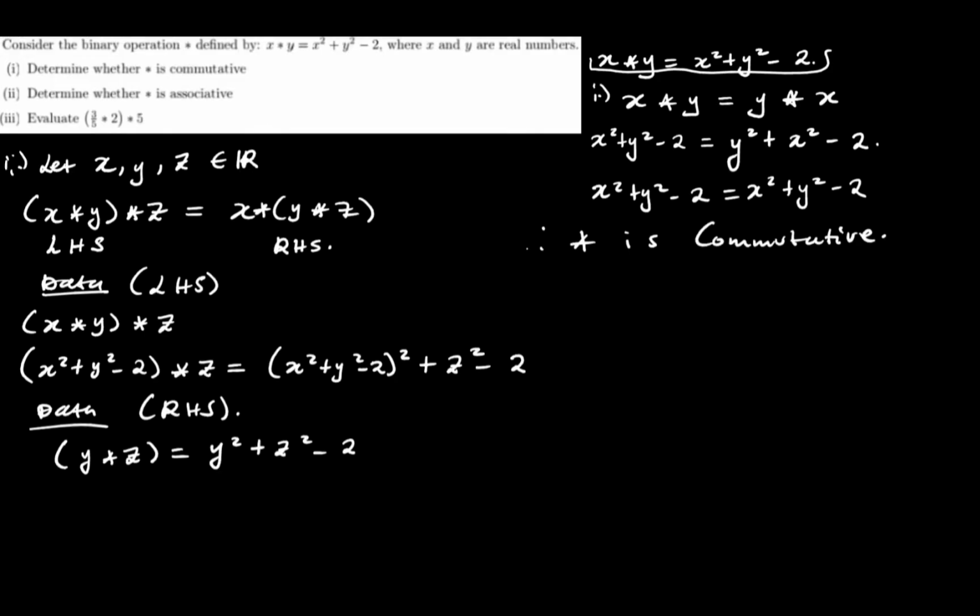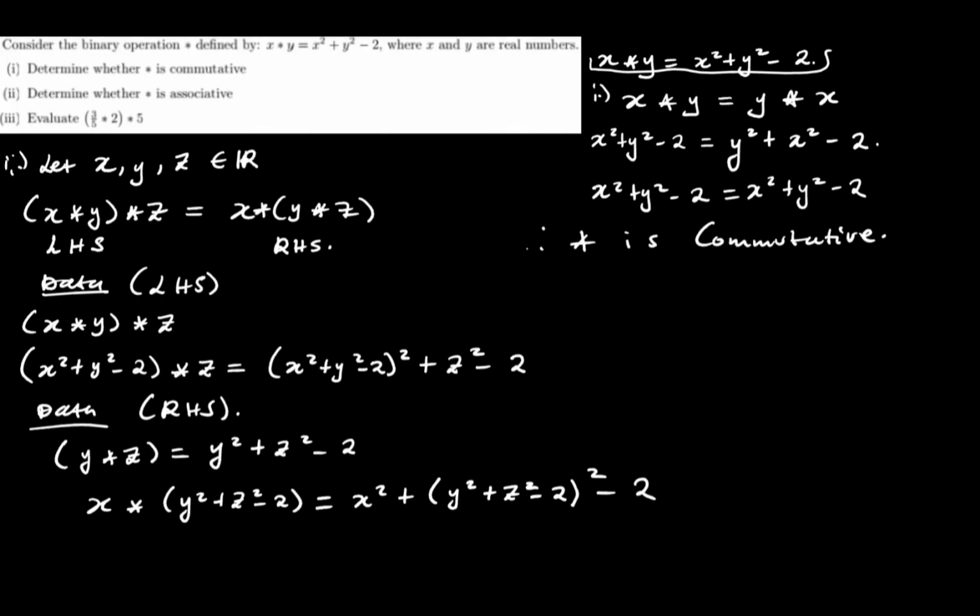Now if I operate x on this value, I will have x squared, then where there is y, I plug in y squared plus z squared minus 2, and this is squared, then minus 2.